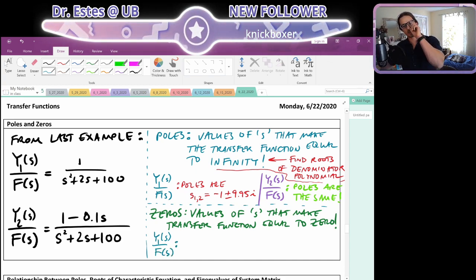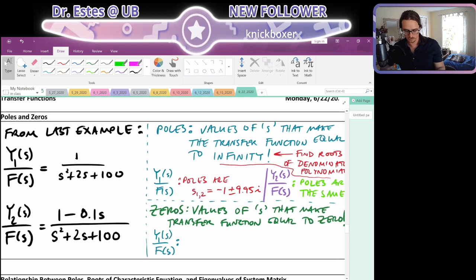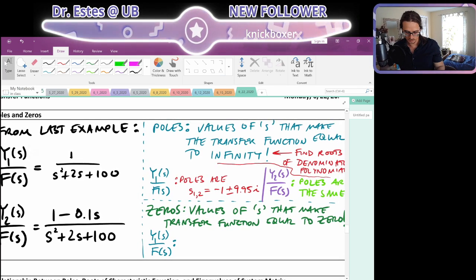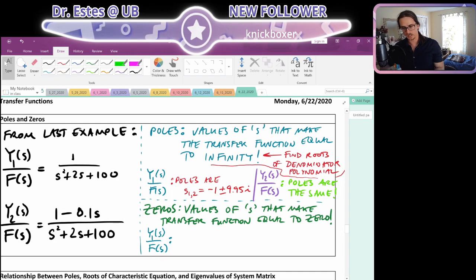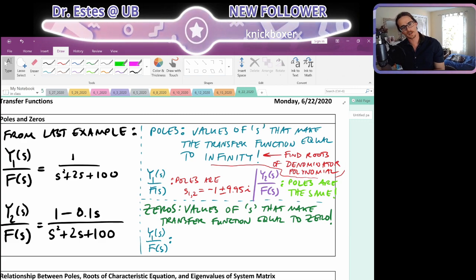So let's once again look at our first transfer function, y1 of s over f of s, and ask yourself, is there any value of s that can make this transfer function go to 0?